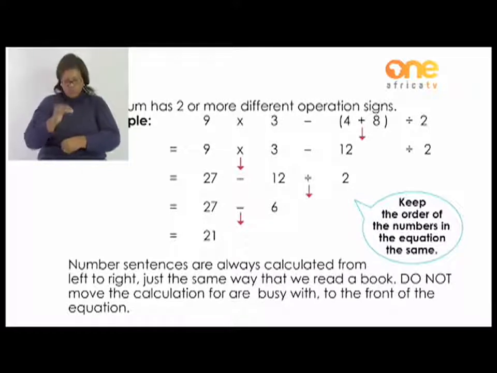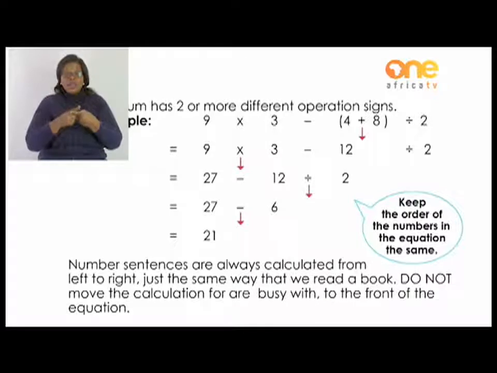So the next step, we rewrite all the operations until we get to the brackets. So the next step will be 9 times 3 minus 12 divided by 2. What will we do next? According to BODMAS, brackets, of, there is no of in that operation, so we continue, and it will be division or multiplication.